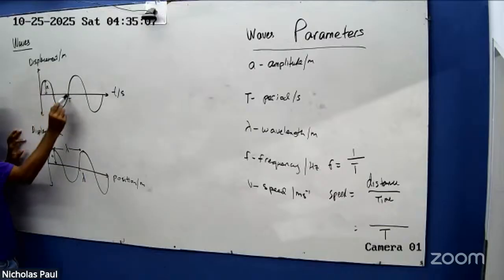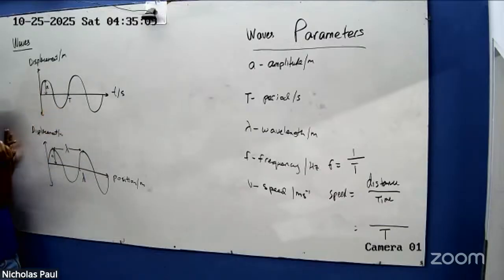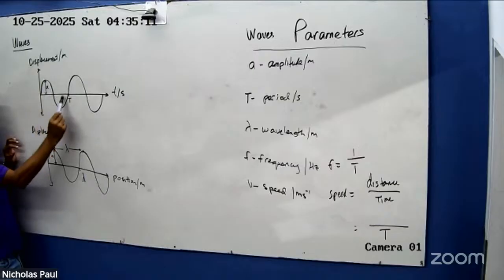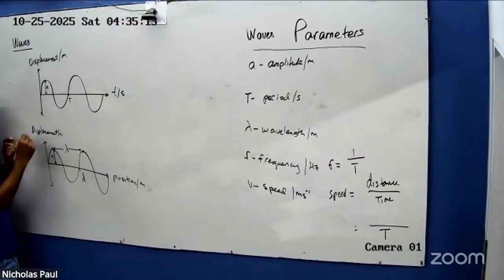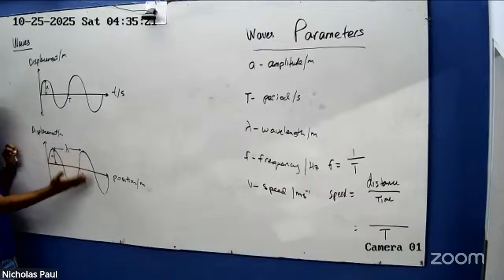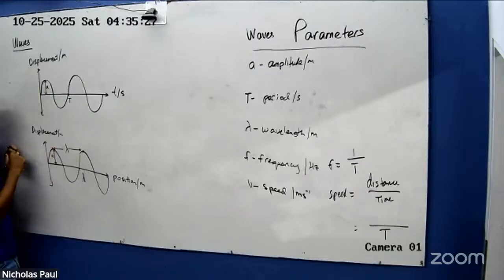Here to here is a period, which is one oscillation. But how long is this? How long is a wave? Right, one wavelength.